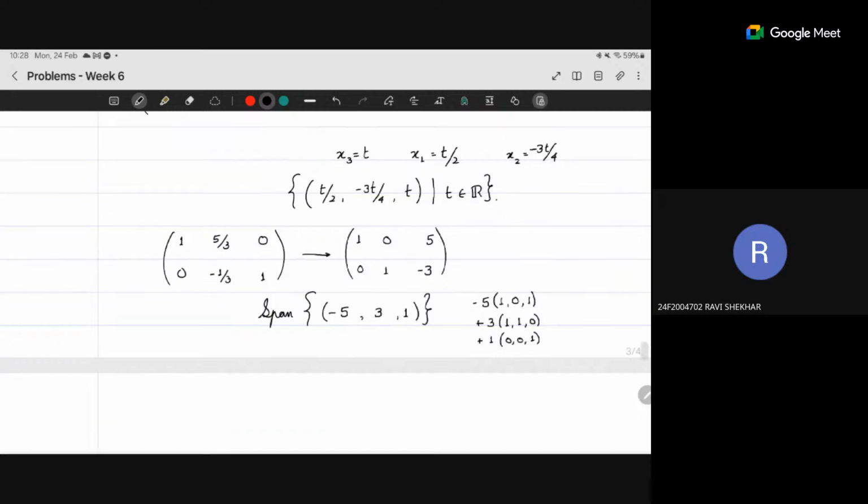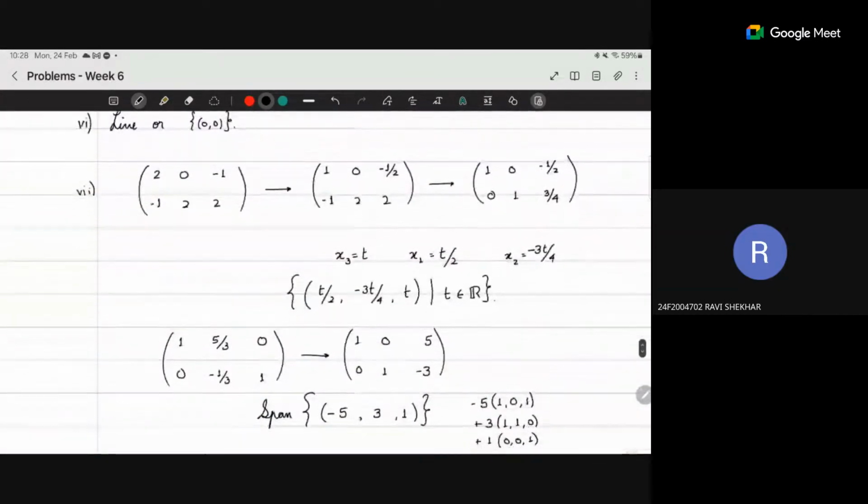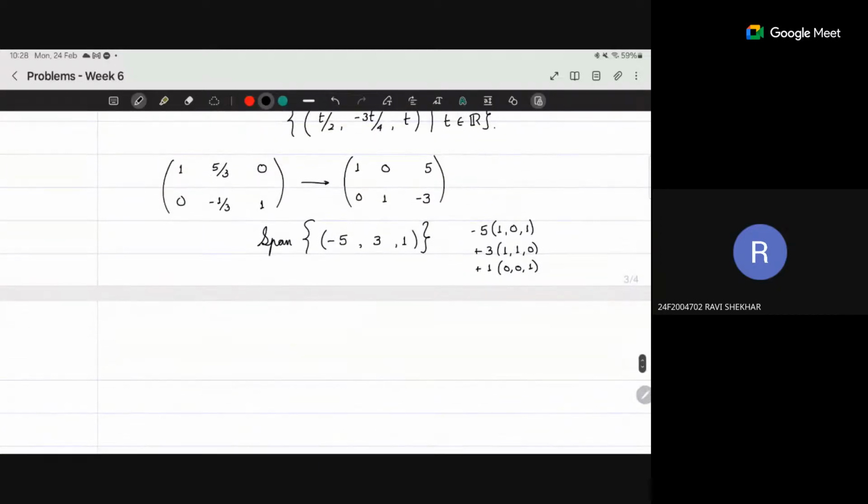Right? 101, 110, 001. So what is the answer for this? -2, 3, -4.